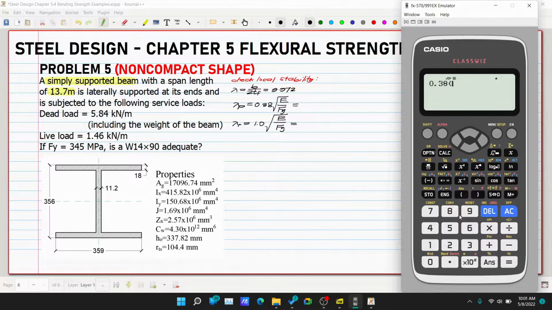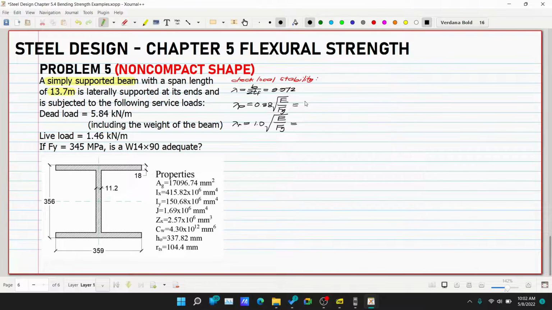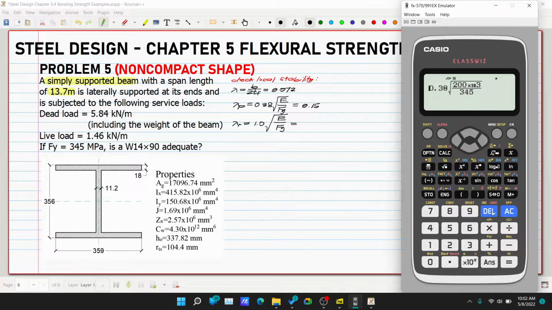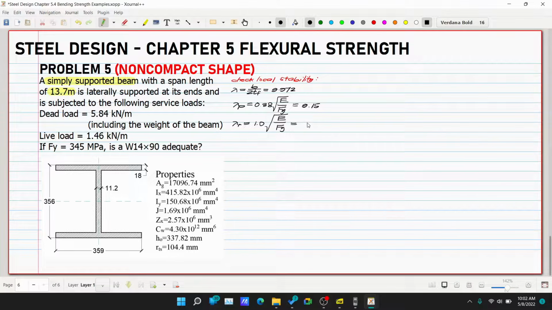So 0.38 multiplied by the square root of 200,000 over Fy, which is 345, gives 9.15. Then for 1.0, the lambda r is 24.08.